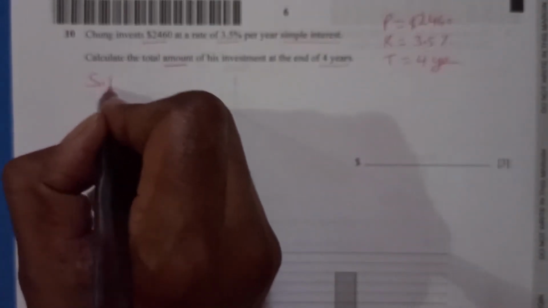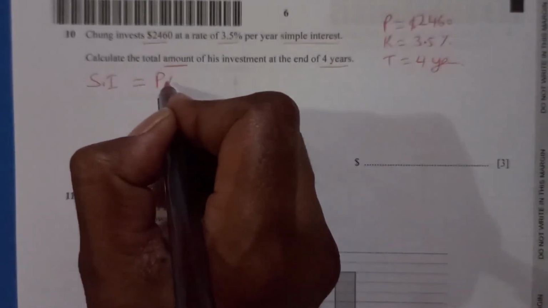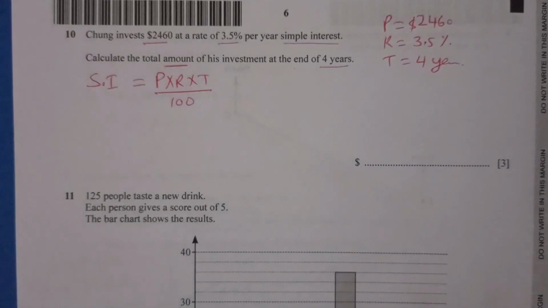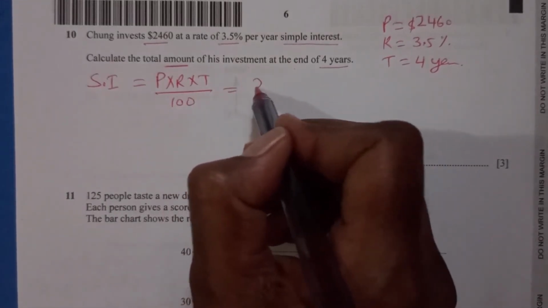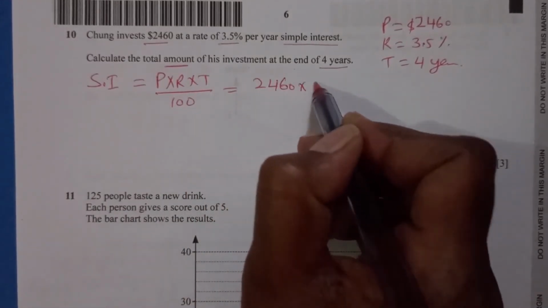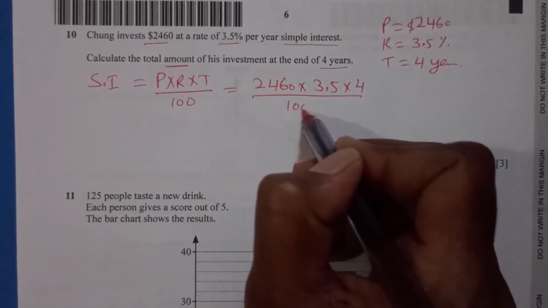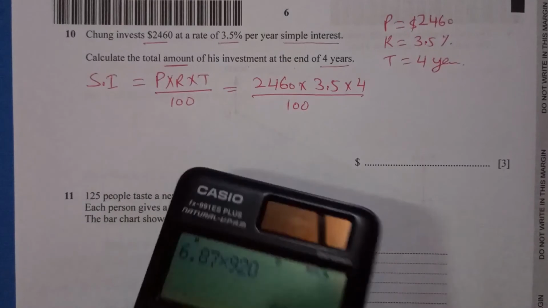So first we will look for the simple interest, which is P times R times T over 100, right? So P is 2460, R is 3.5, time is 4, divided by 100. So let's calculate that one.